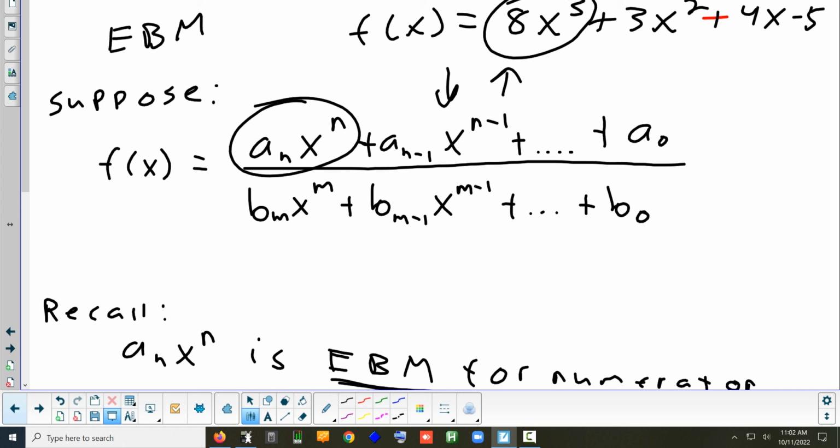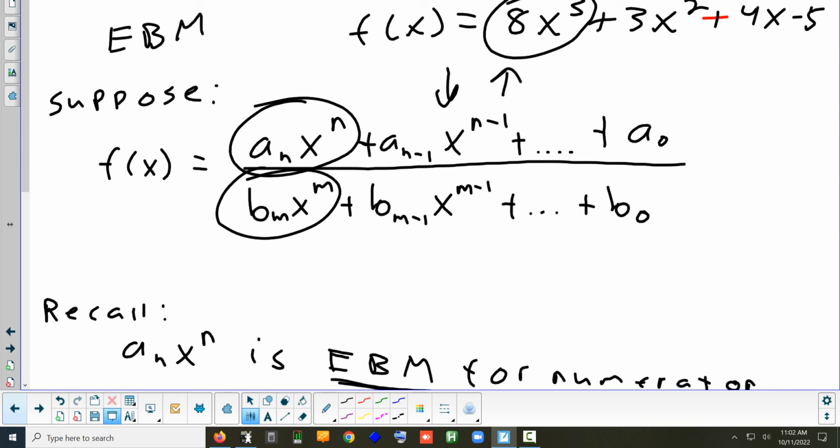What would be the EBM for the denominator? Same thing, first term, b sub m x to the m. That's the highest degree term in the bottom.